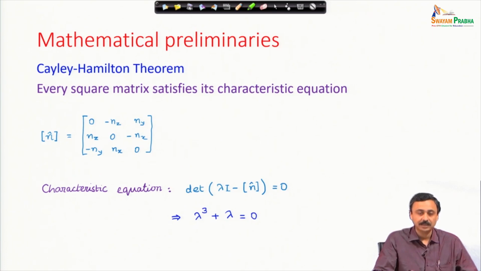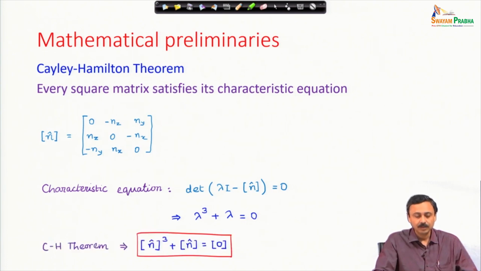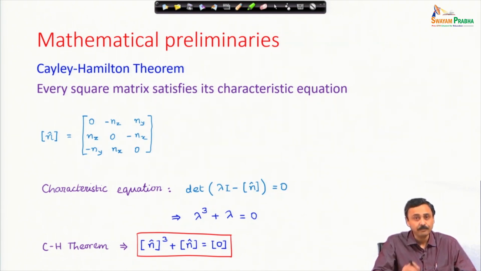In other words, I can replace lambda, which is actually a scalar, by that matrix itself, which means as per the Cayley-Hamilton theorem, Rodrigues form of n whole cube plus Rodrigues form of n must be 0 matrix. Every element will go to 0. This is a very important theorem.